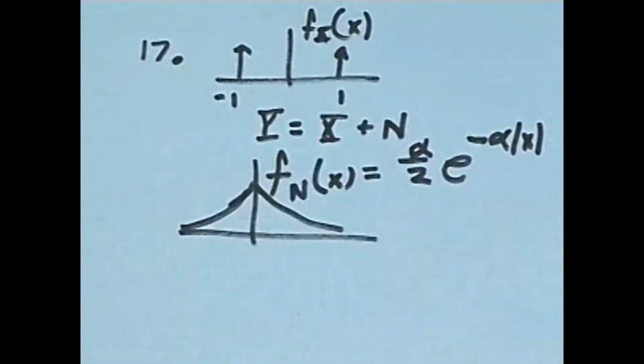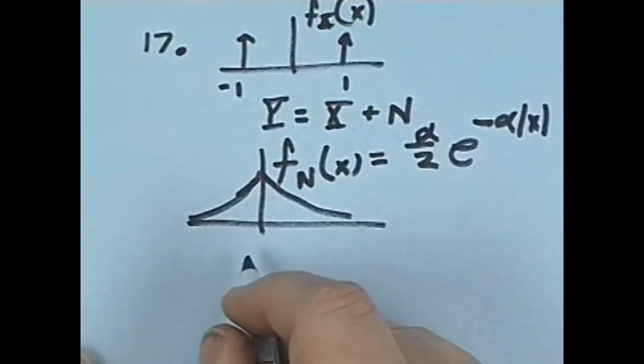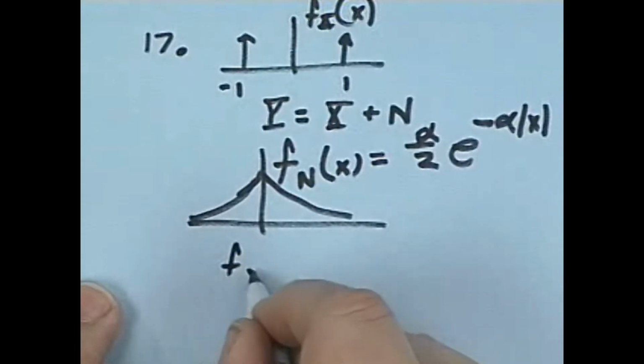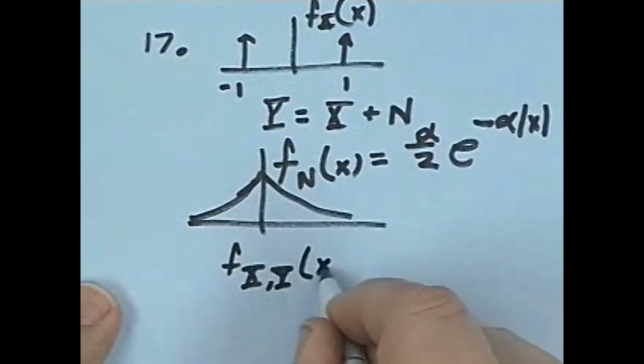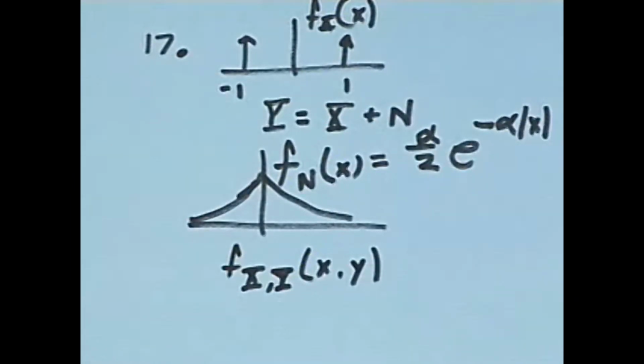What's interesting is that if we look at the density function for x and y, the density function for x and y is going to be the density function for x.